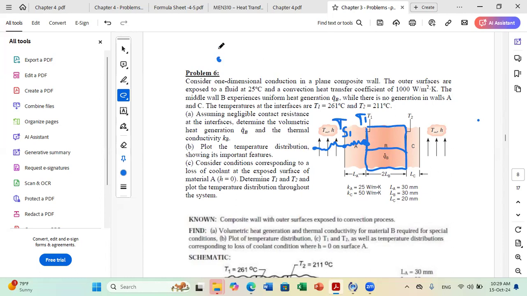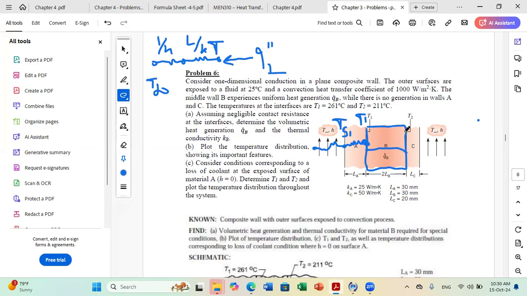From T1 to T infinity, you have the heat flux like this, and the heat rate like this, and you have two resistances. If you don't know the area, you can work with heat flux, Q second. So you have here resistance R second, which is L over K, and here you have resistance to convection, 1 over H, until reaching T infinity. So you can evaluate Q second 1 from the thermal circuit.